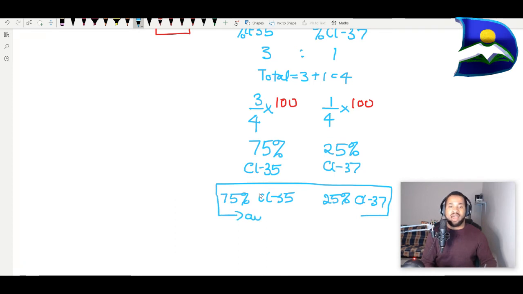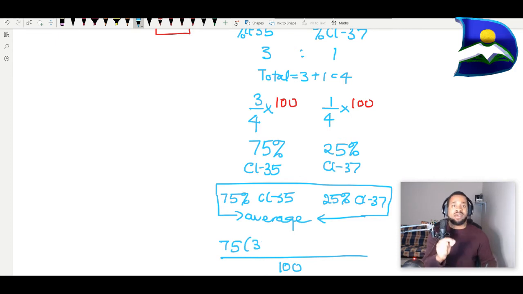To get your average, the total number of particles will be the denominator, which is 100, and 75 of the particles are chlorine 35, which means the average weight will be 75 times chlorine 35.